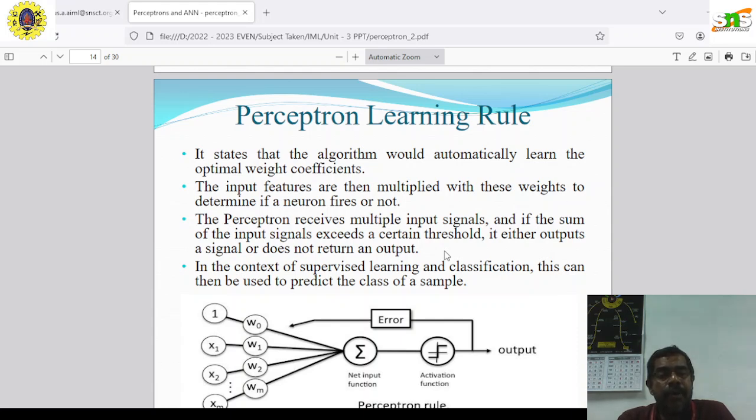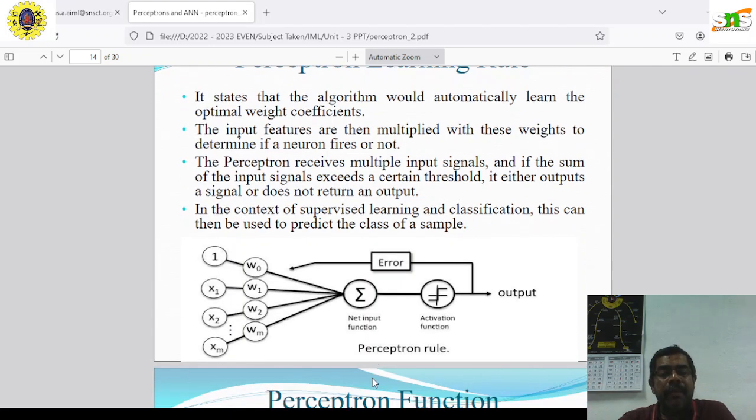It either outputs a signal or returns no output. In the context of supervised learning and classification, this can be used to predict the class of a sample. In the diagram of the perceptron rule, we have x inputs and w weights, given to the net input function, which is passed to the activation function.